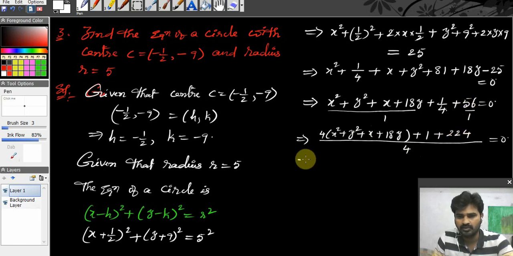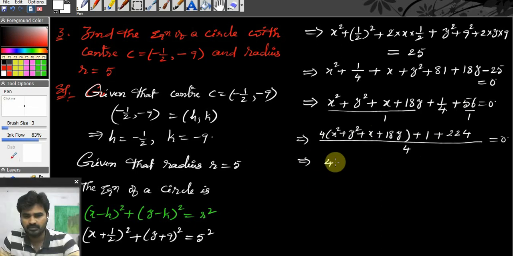So now doing cross multiplication, you get 4x square plus 4y square plus 4x plus 18, 4 into 18 is 72y, plus 1 plus 224, 225 is equal to 0.